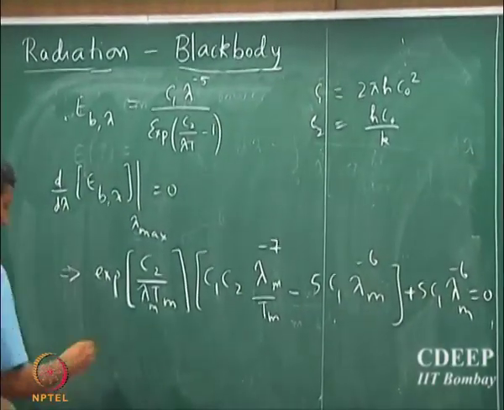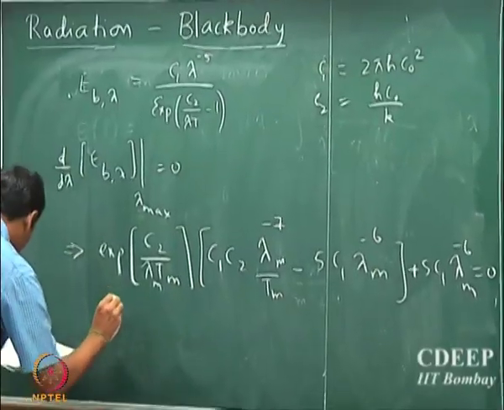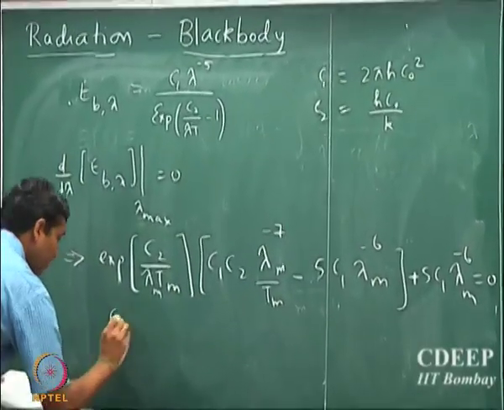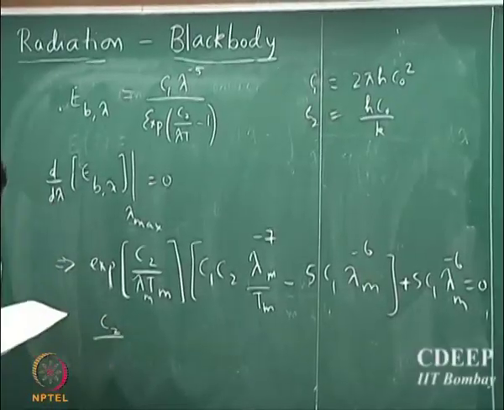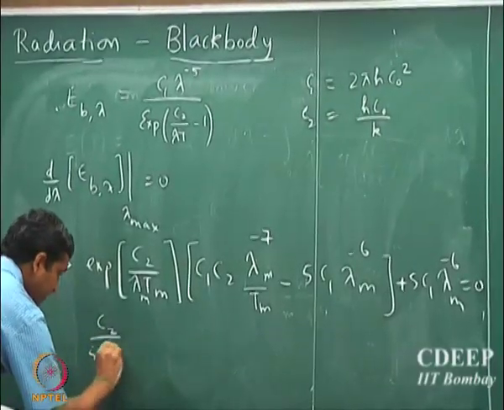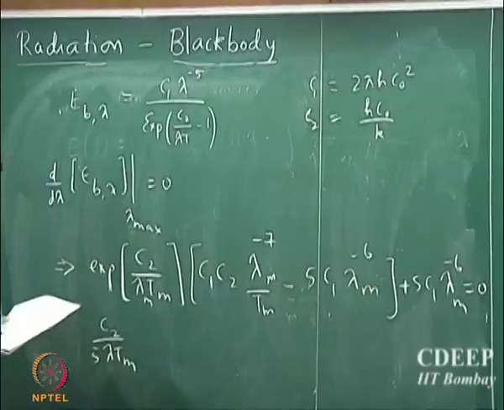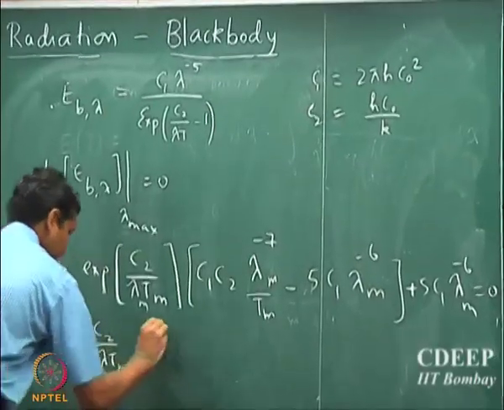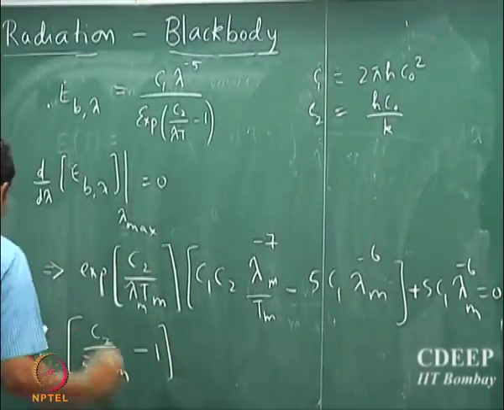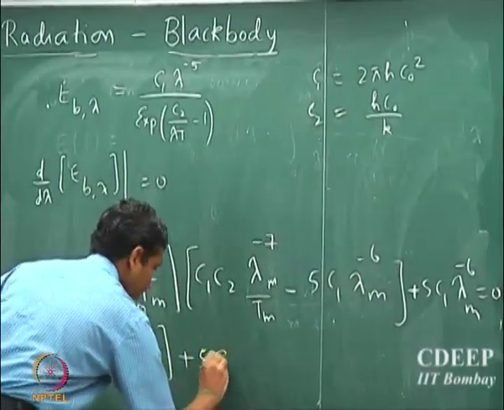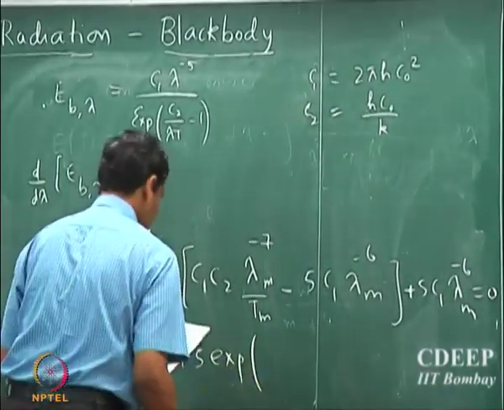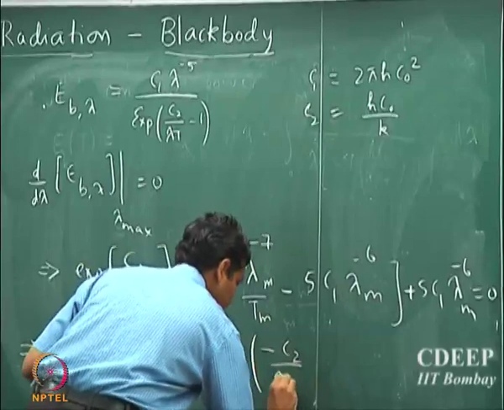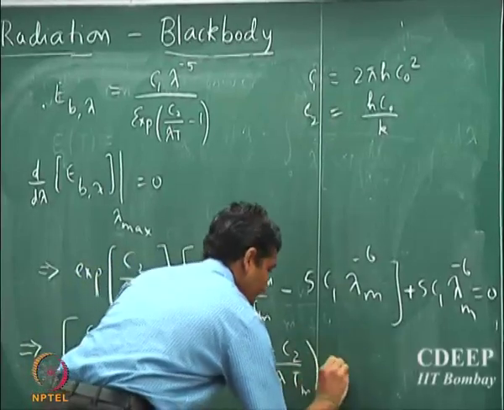After a little bit of algebra you can actually reduce the equation to this form: C2 by 5 lambda Tm minus 1 plus 5 exponential of minus C2 by lambda Tm equal to 0.